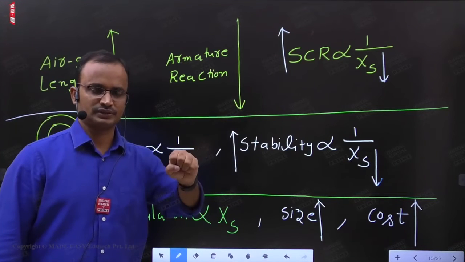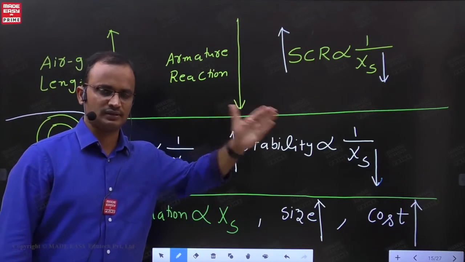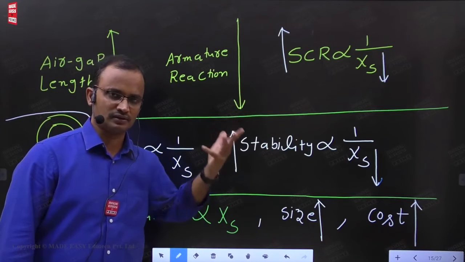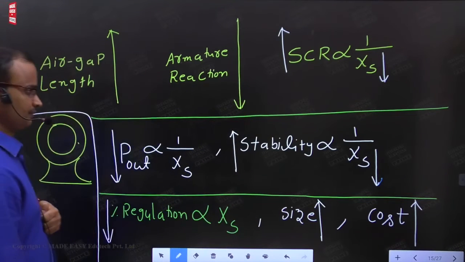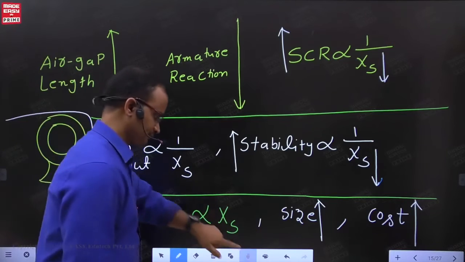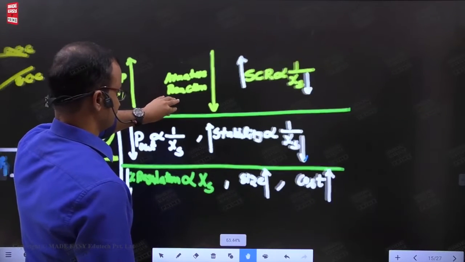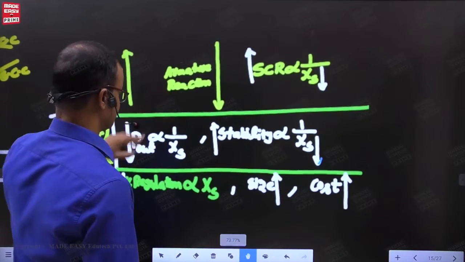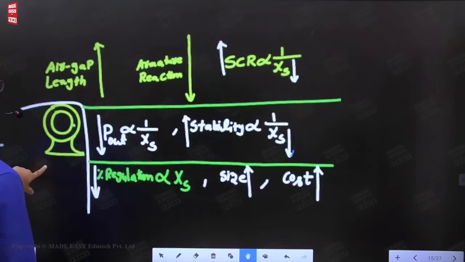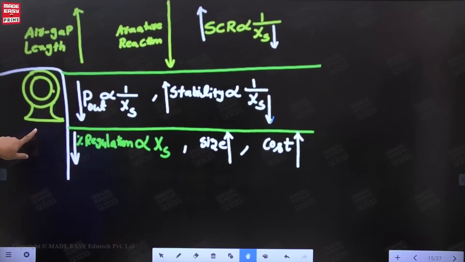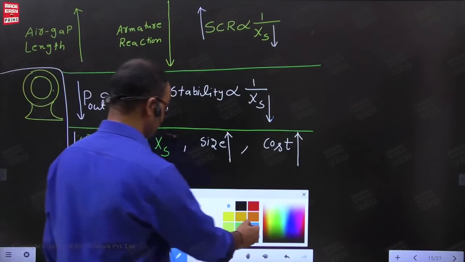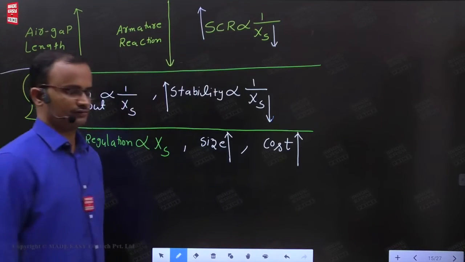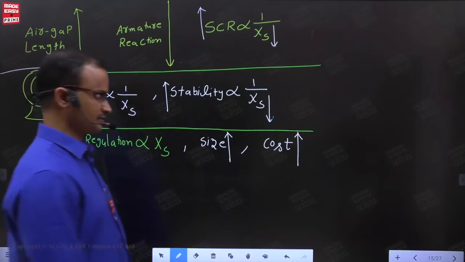From this information, let us see the relation between the SCR, P output, stability, and regulation. From this entire information, we can conclude some general statements.